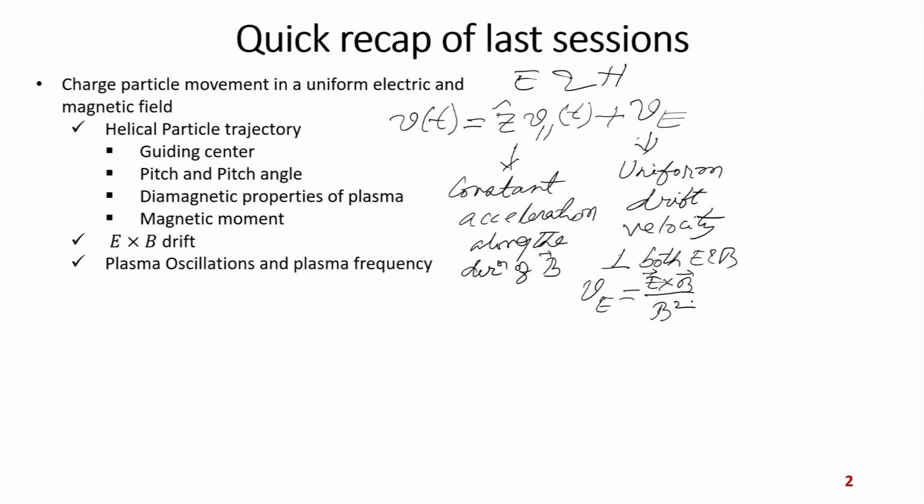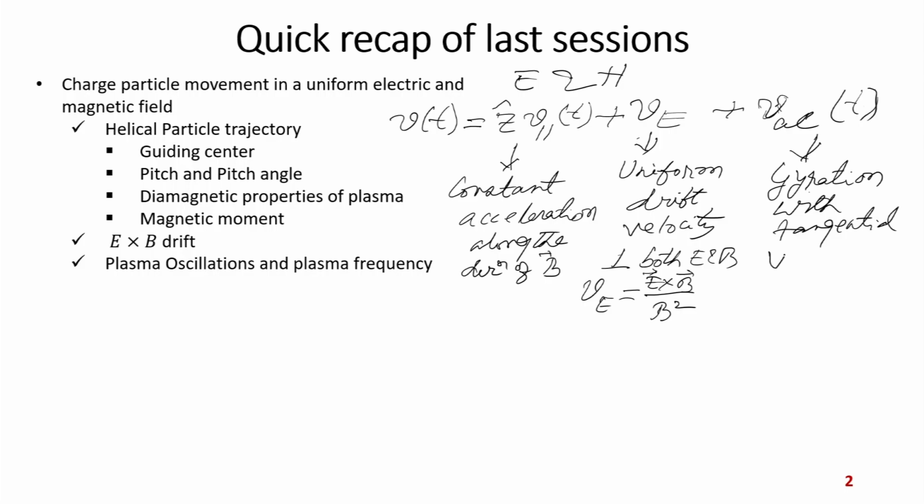Okay. And the third component is V_AC, the alternating component. So, this represents the gyration with the tangential velocity V_T.